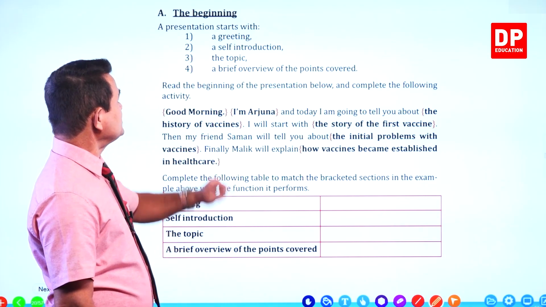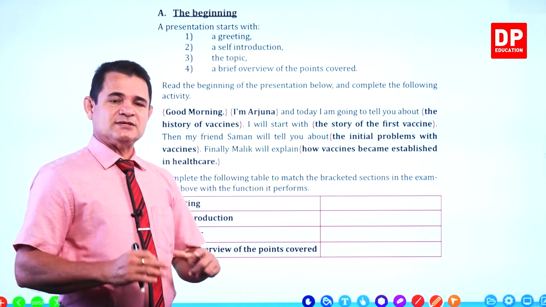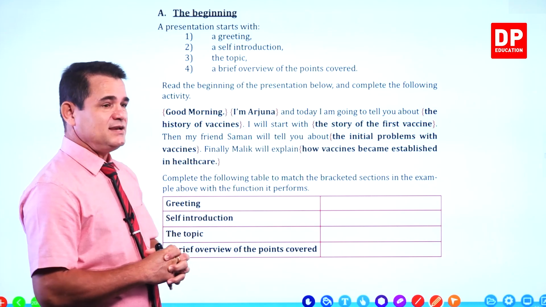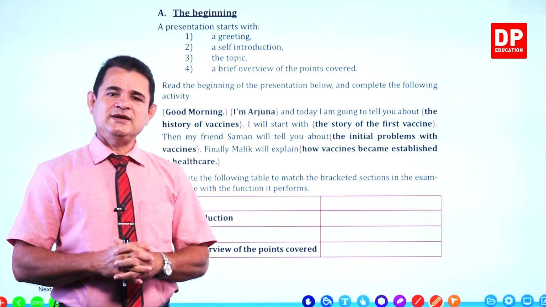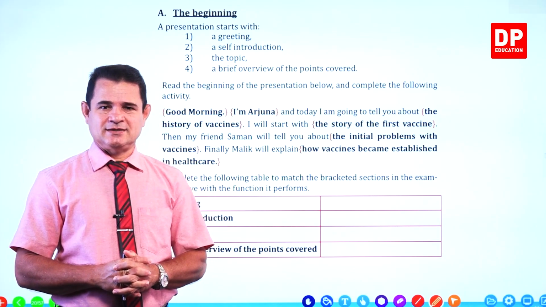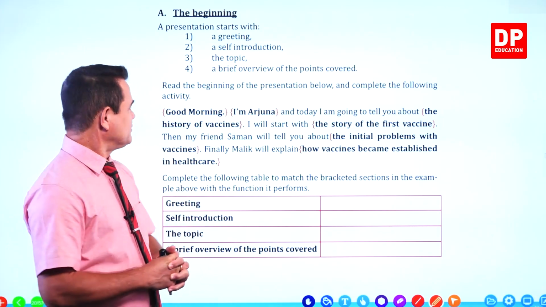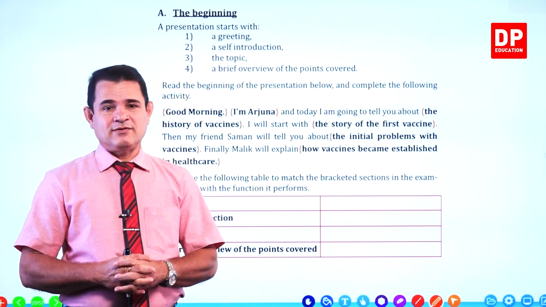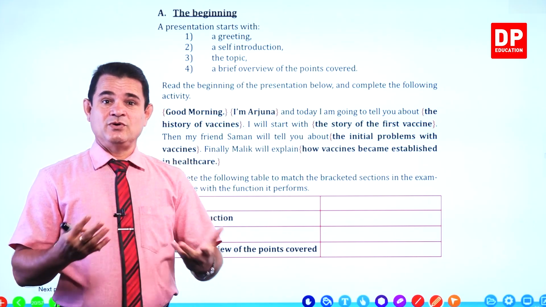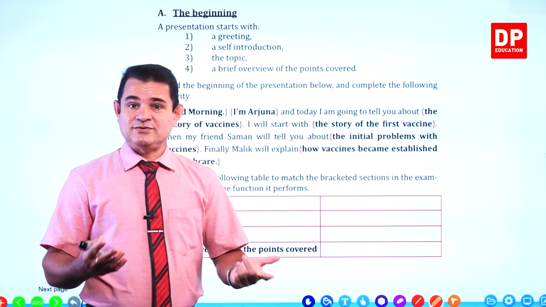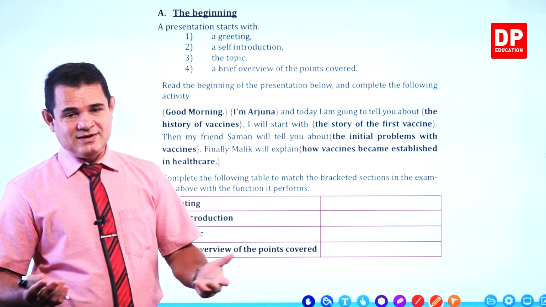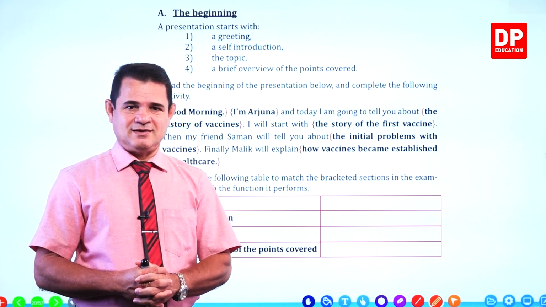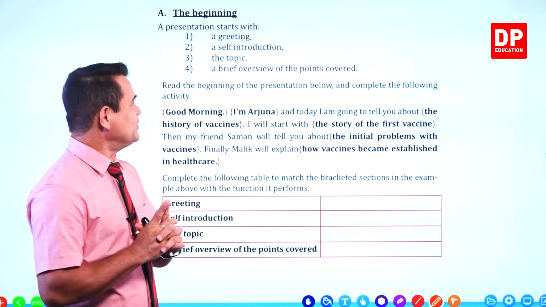A presentation starts with, number 1, a greeting. What are the ways of greeting? According to the time of the day, you can greet: good morning, good afternoon, good evening. Right? To start, that is very important.